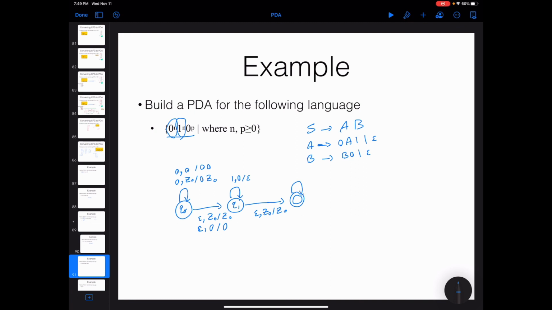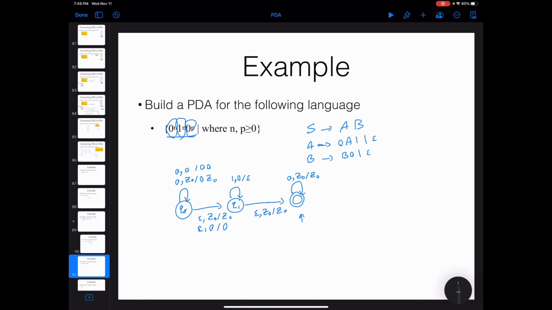and for all the zeros that you see, if you see a 0 and the top of the stack is Z0, just keep Z0 here. Okay, so this is going to be the only possible transition. So you can read as many zeros as you want here and stay at the final state.